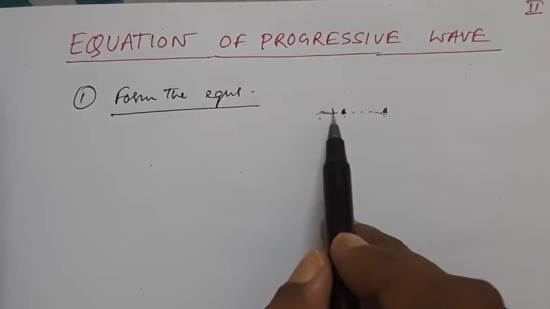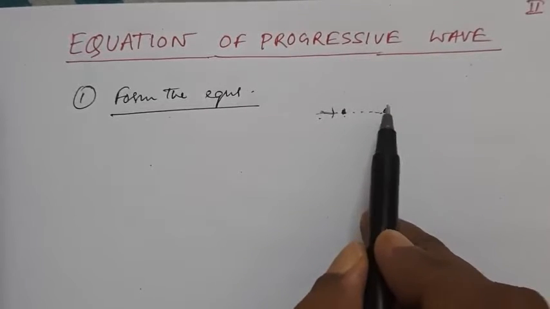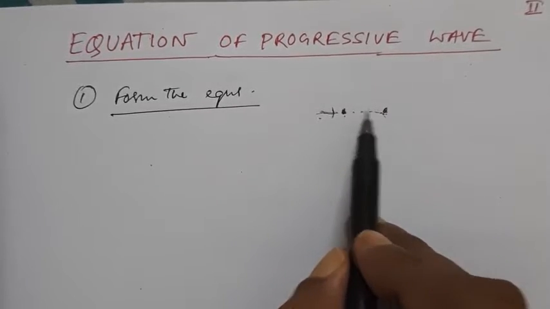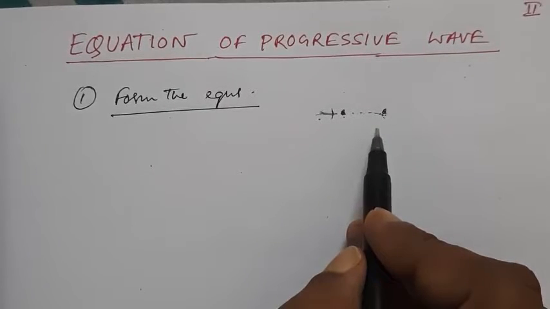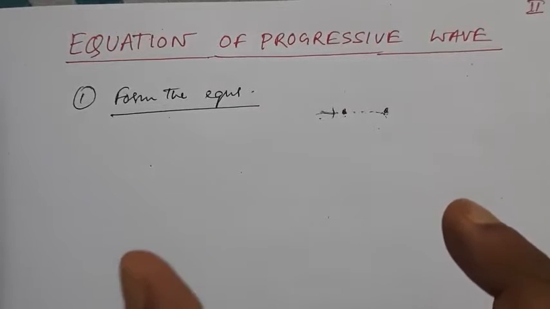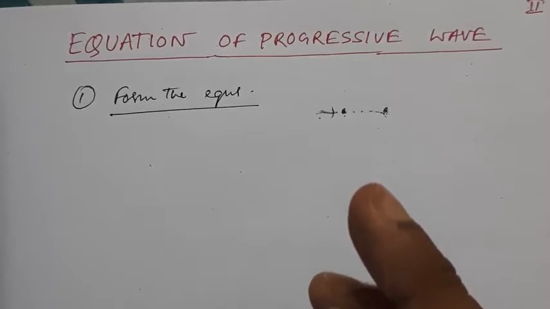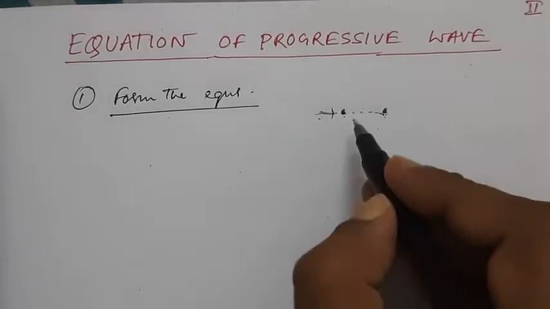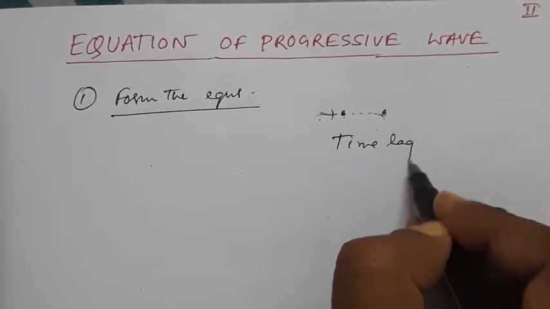When the energy has traveled this part, then the particle starts to oscillate. So there will be a time gap between the starting of the oscillations of these two particles. In one line, we can say the wave reaches any two different particles at two different times, so there arises a time lag.